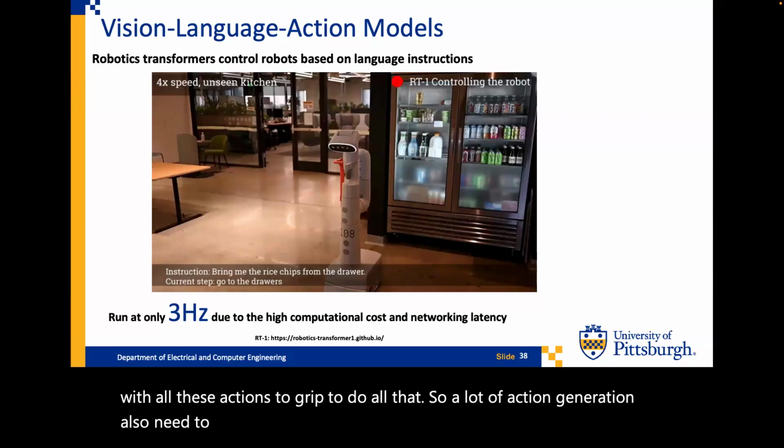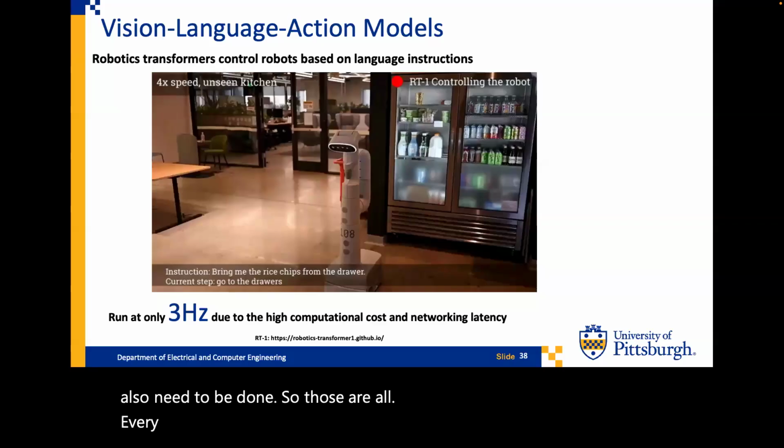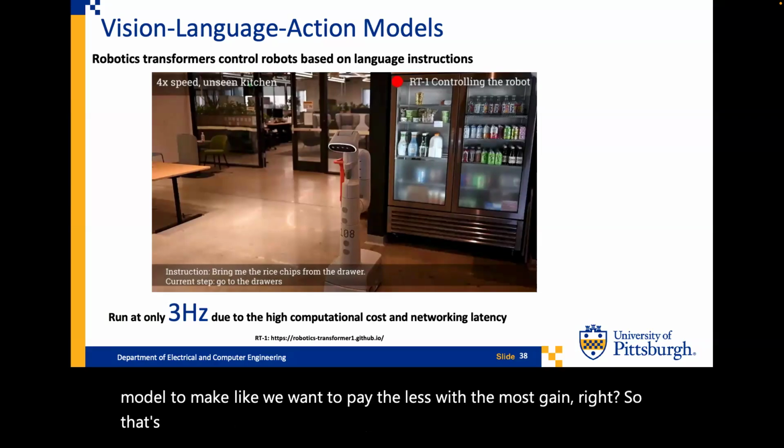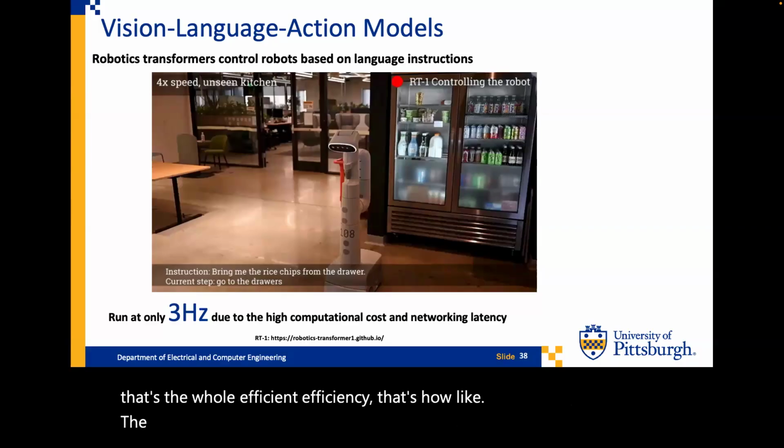Every new task comes with a price, and our goal is to optimize the model so we pay the least for the most gain, right? That's the whole efficiency thing we want to do, and that's what this class is about.